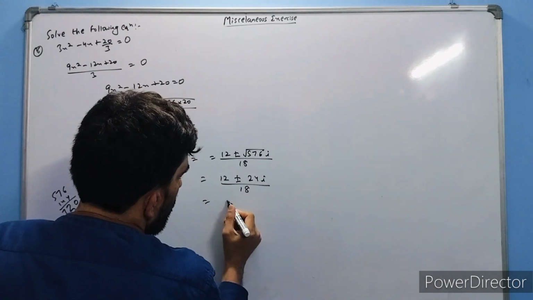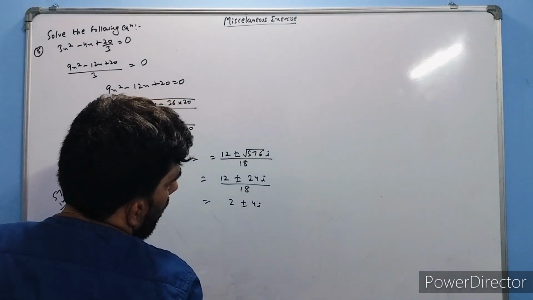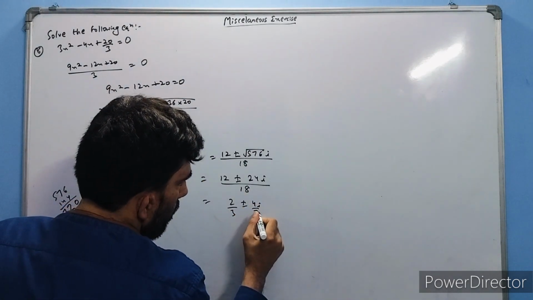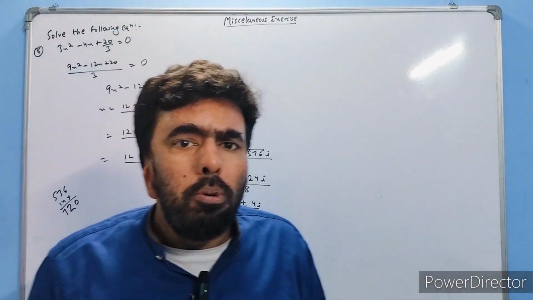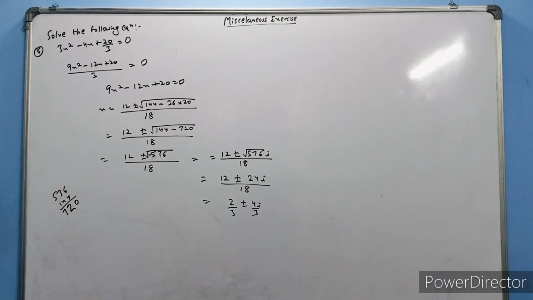So reduce by 6, we got 2 plus minus 4i upon 3. So that is how we try to solve the following equation.